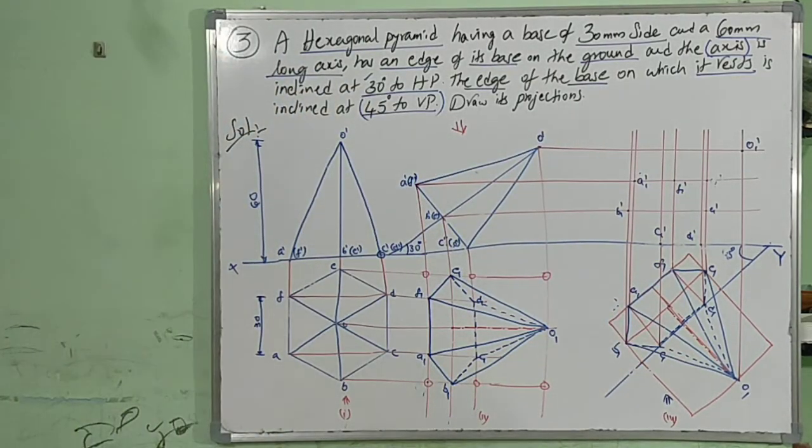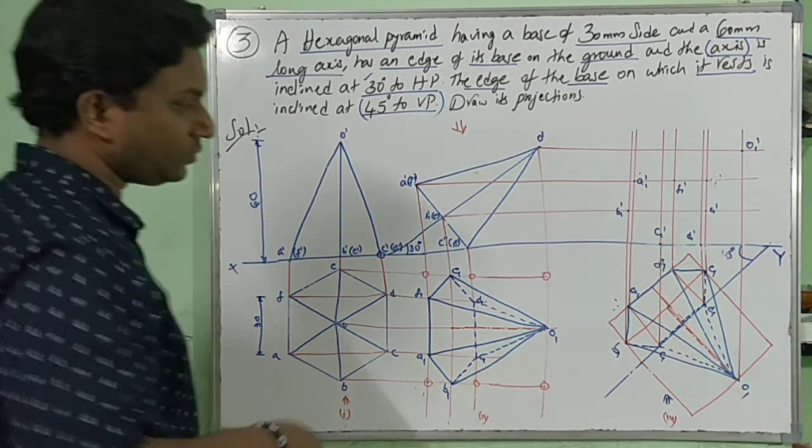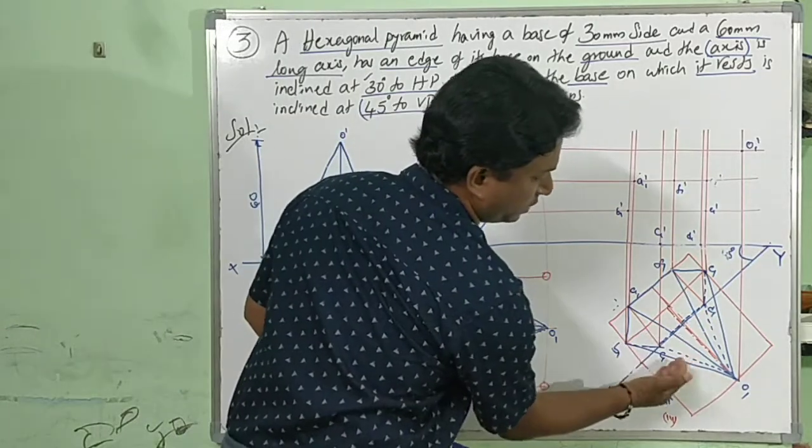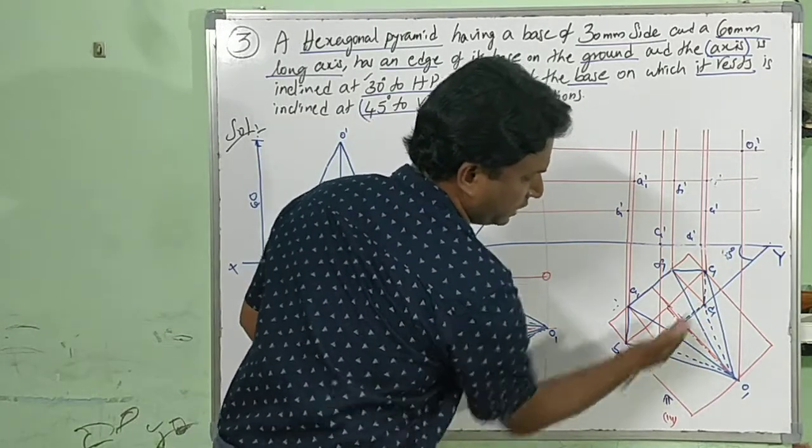Now as per that, when you are looking from the edge which is lying on the ground, inclined at an angle of 45 degrees, now you can see that edge will be on the ground with respect to this line, C1 D1.